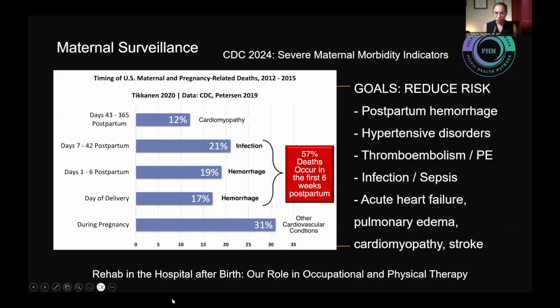With maternal surveillance, a lot of the evidence, if you will, that we used in my hospital settings that offered occupational and physical therapy to patients acutely on all units, but especially on the maternity unit, we were going by a lot of the indicators that are listed on the CDC, and that's severe maternal morbidity indicators.